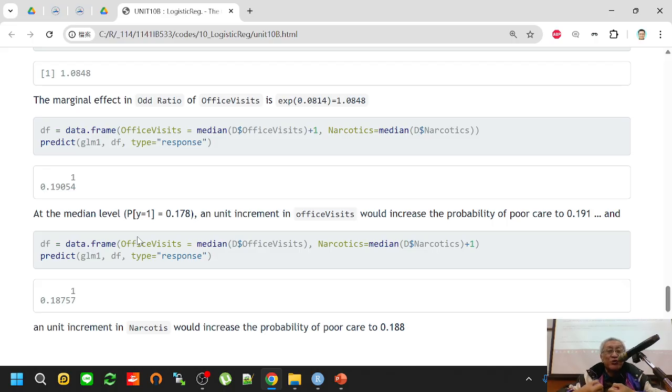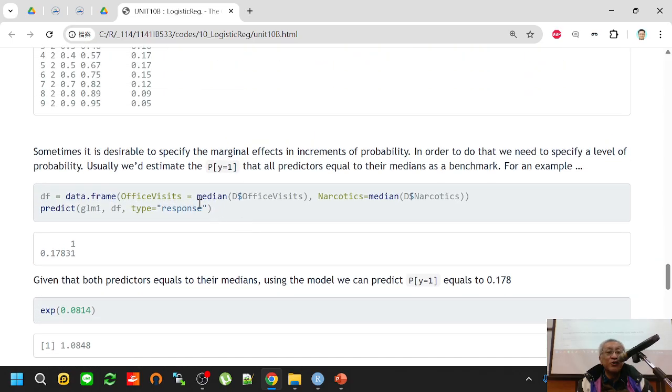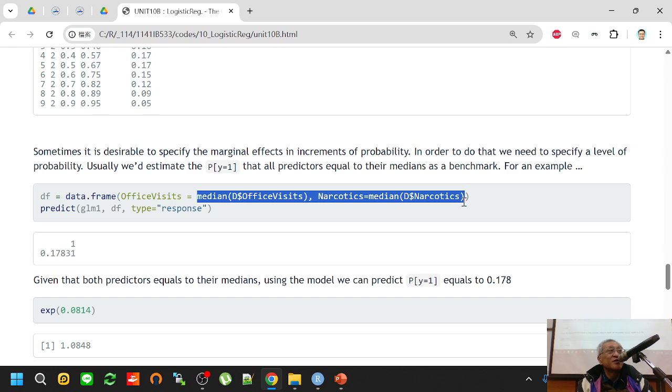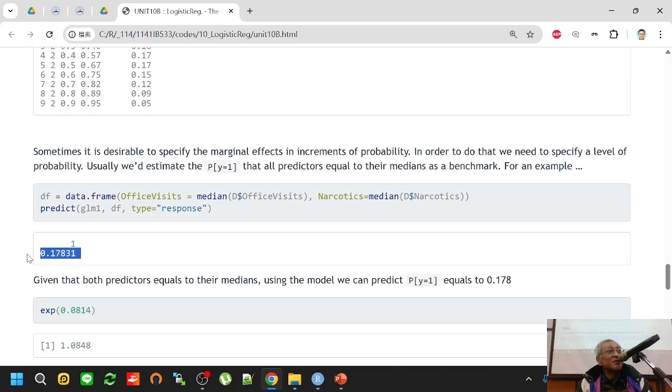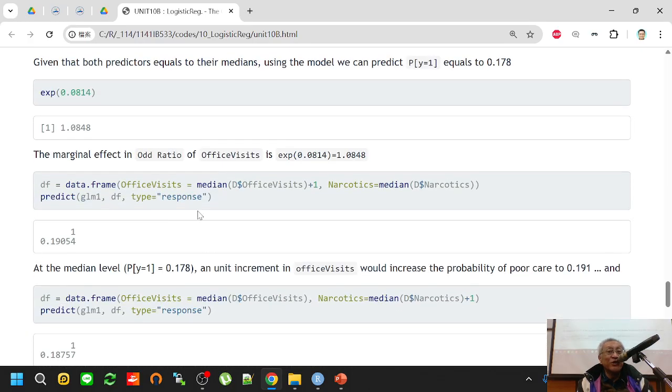If you really want to calculate the increment of probability, you actually need to specify the value of x first and predict the probability, and then you increment the value of x by 1 and get a second probability.